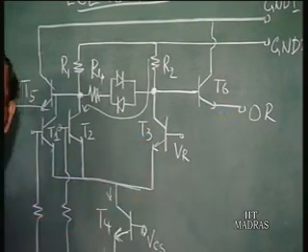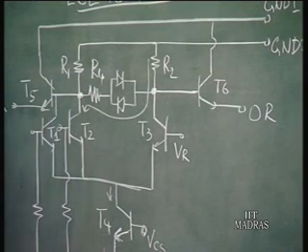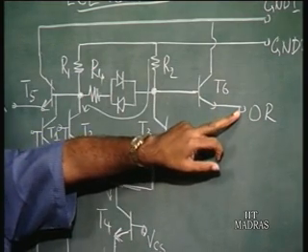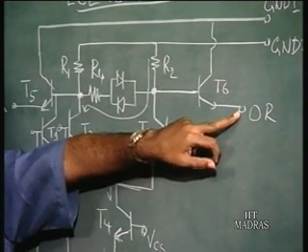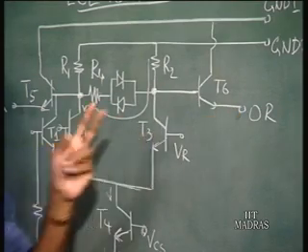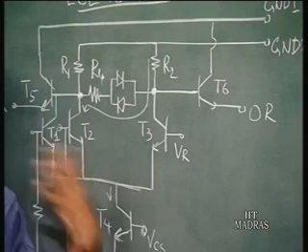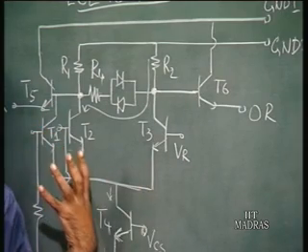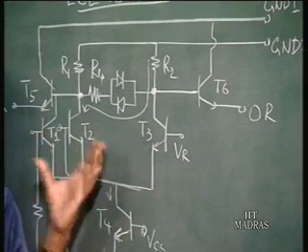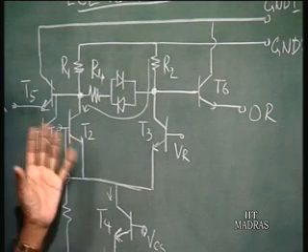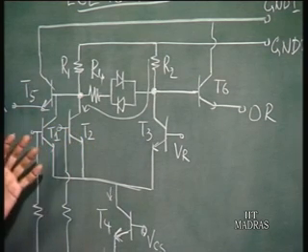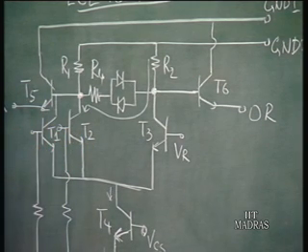With the result that the other output also remains fixed, irrespective of temperature. So, with this circuitry, the variation of the output voltage with temperature is reduced. That is the purpose of this.